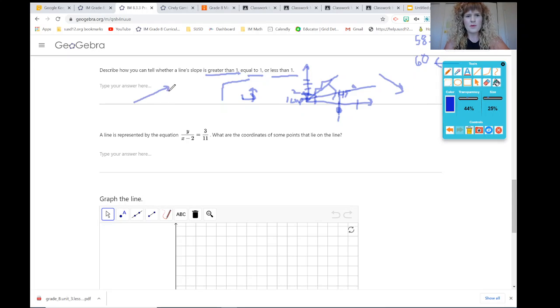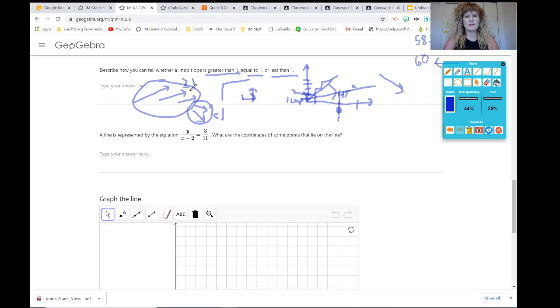So anything going up is greater than or equal to 1. Anything going down, no matter how steep it's going down, that's less than 1. So these slopes going down, they are a negative number. They are less than 1. I'll write it like that, less than 1. These slopes going up are either greater than 1 or equal to 1.